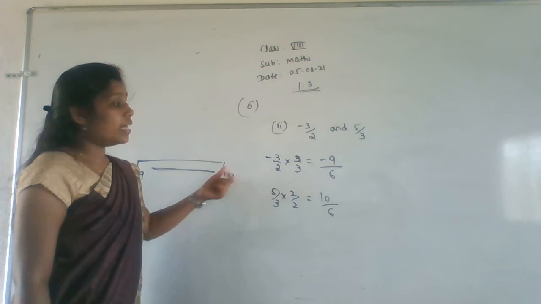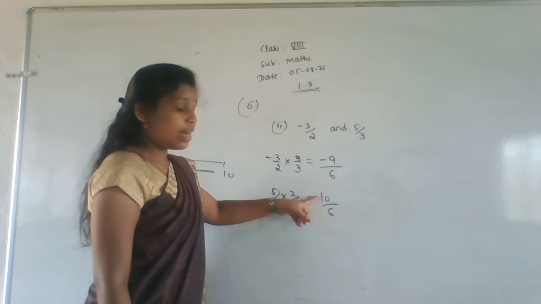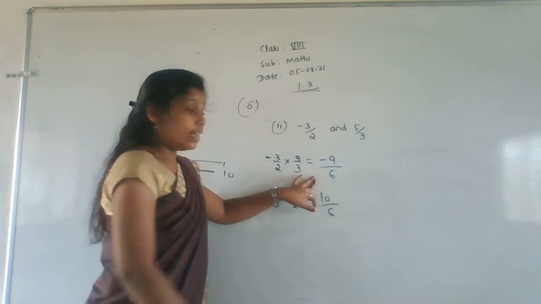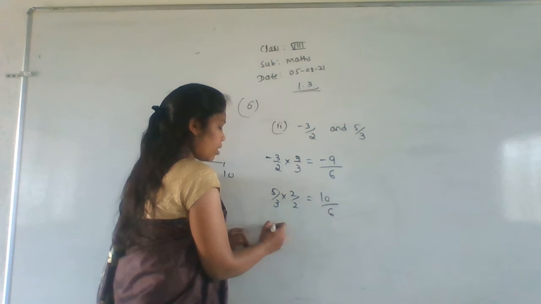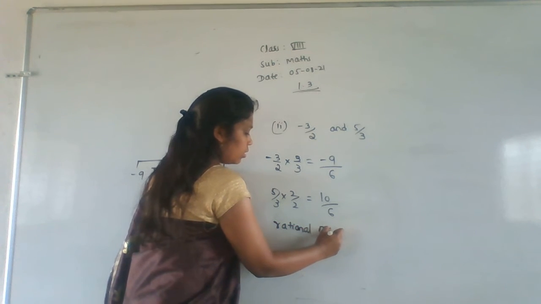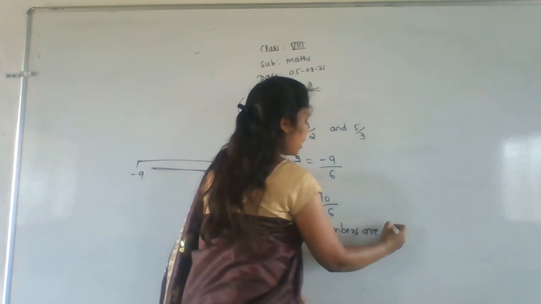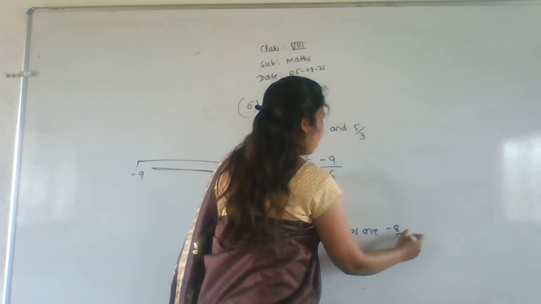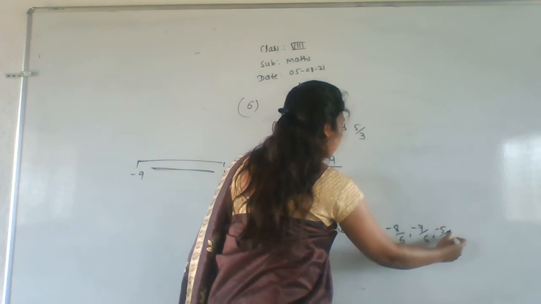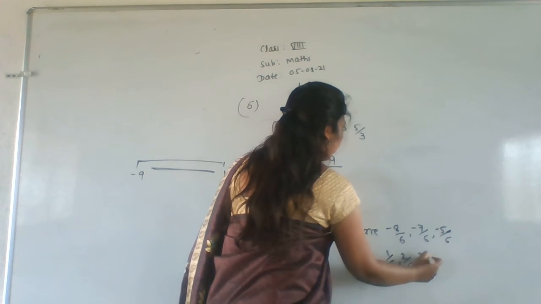Then we can write rational numbers between minus 9 by 6 as well as 10 by 6. So what are the rational numbers in between these two? Rational numbers are minus 8 by 6, minus 7 by 6, minus 5 by 6, next 1 by 6, 2 by 6, 3 by 6.